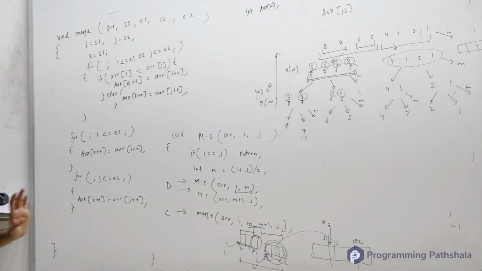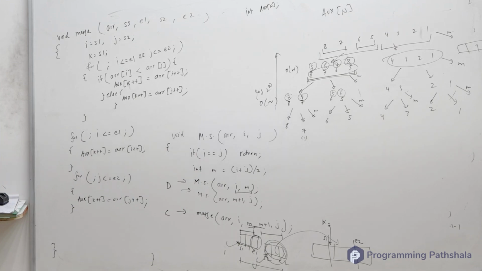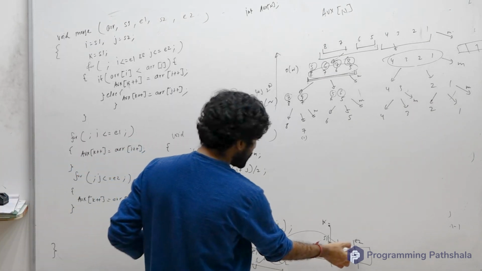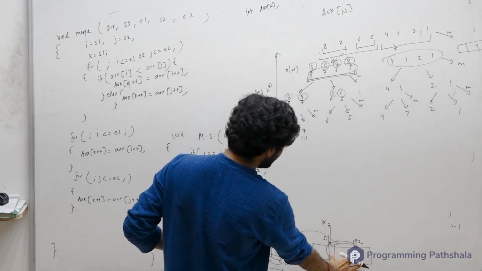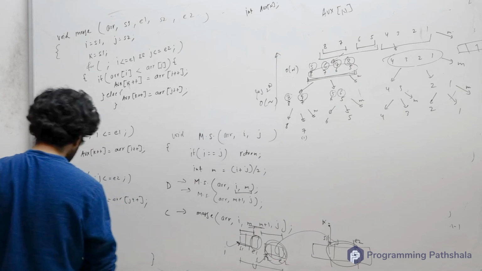Is it done till here, or do I have to take care of something? Is the merge successful? Yeah, the last step should be to copy. Yes, and I should copy what? I should copy the contents of the auxiliary array from the same index to the same set of indices. And how can I do that? Very easily.